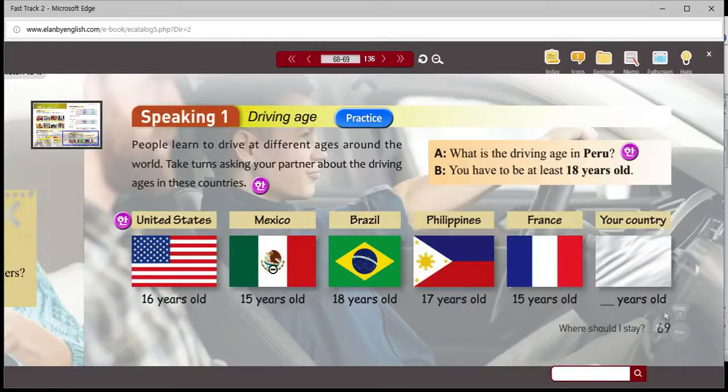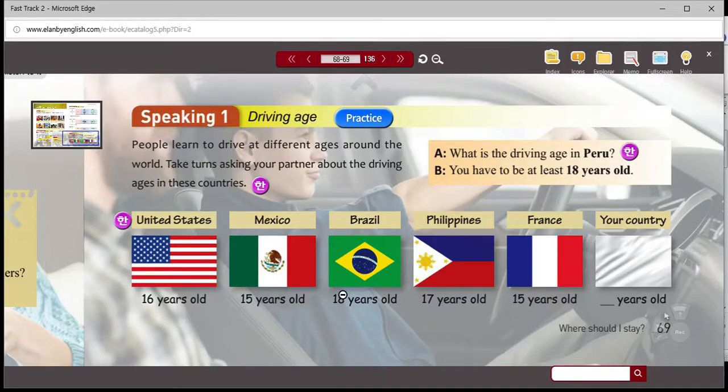Okay, so as I said, it's a pretty simple substitution drill. What is the driving age in the United States? You have to be at least 16 years old. What is the driving age in Mexico? You have to be at least 15 years old. What is the driving age in Brazil?